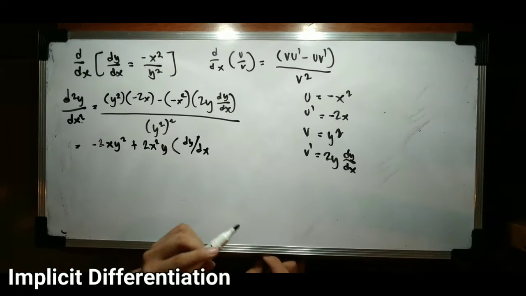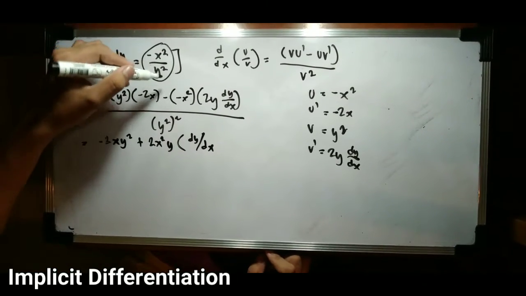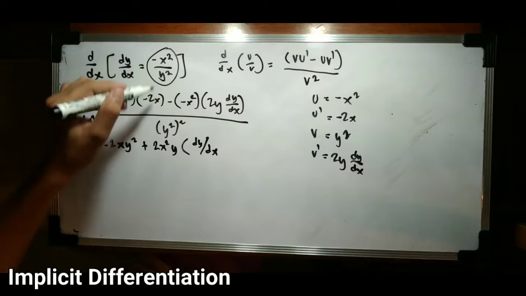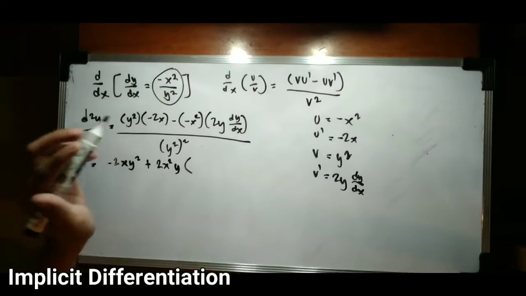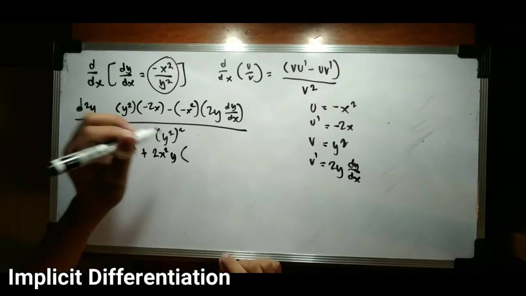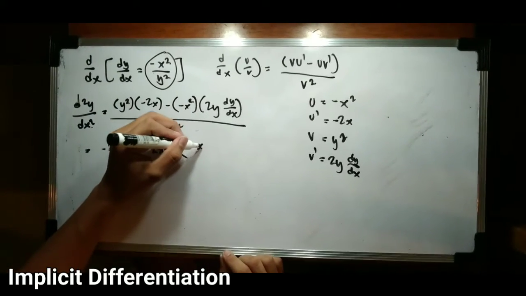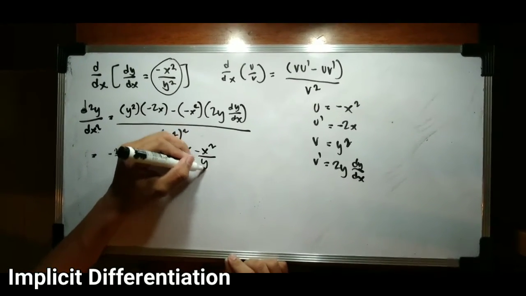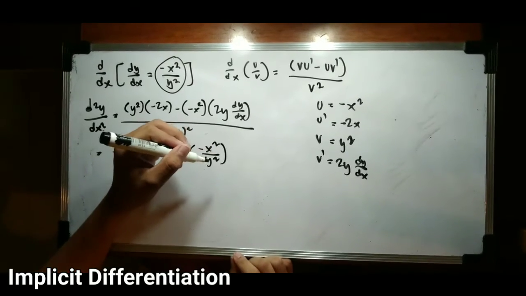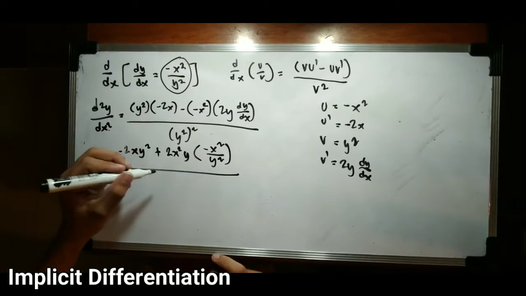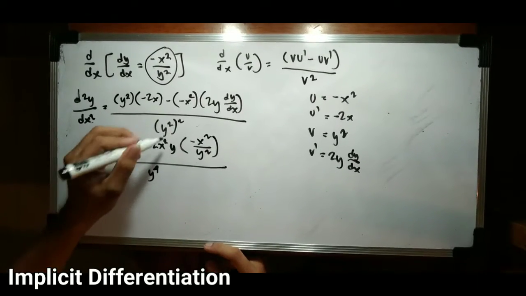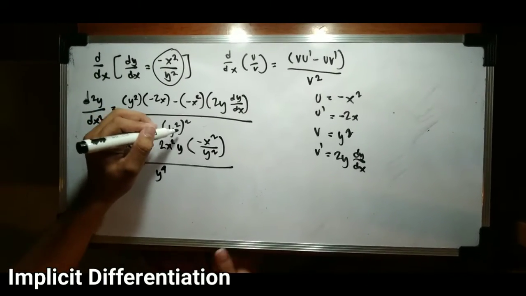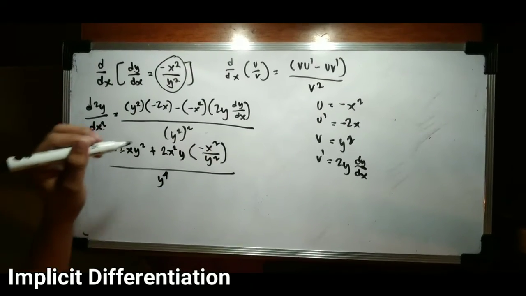Or we can substitute this value. So let's substitute the value of dy over dx, which is negative x squared over y squared, all over y raised to 4, because we will multiply these two exponents.